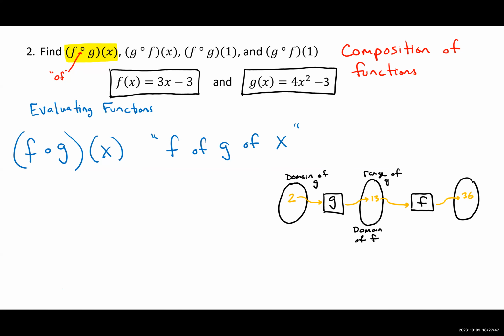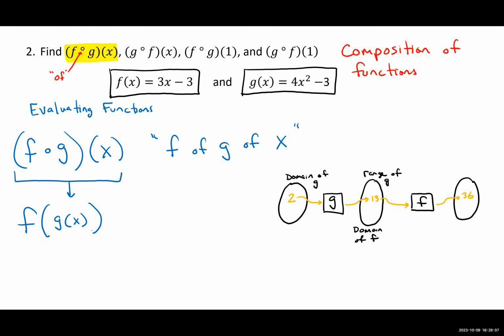Now there's another way of writing it, which I think is easier on the eyes, something that when you look at it, makes a little bit more sense. Another way we could write this is f of g of x.